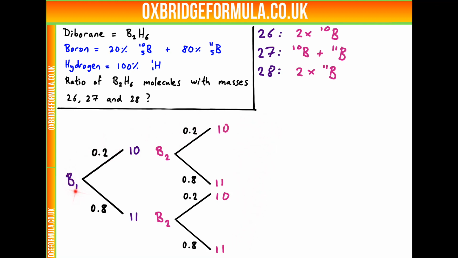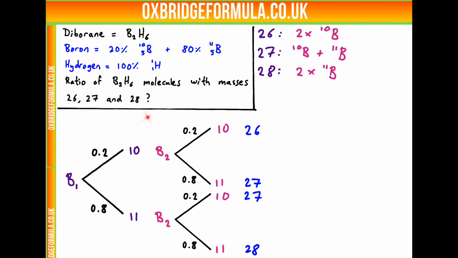So if boron 1 is mass 10 and boron 2 is also mass 10, then we're going to have the light molecule, 26. Here, we've got 1 boron 10 and 1 boron 11, so that's 27. And likewise, we've got 1 boron 11, 1 boron 10 here, making 27. And here, we've got the 2 heavy atoms.